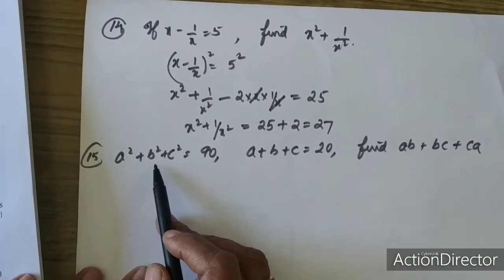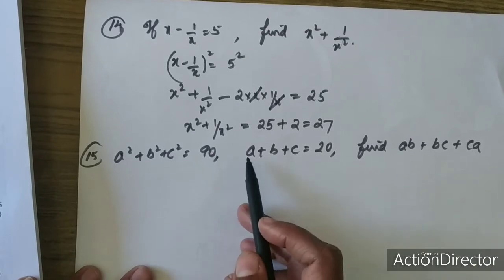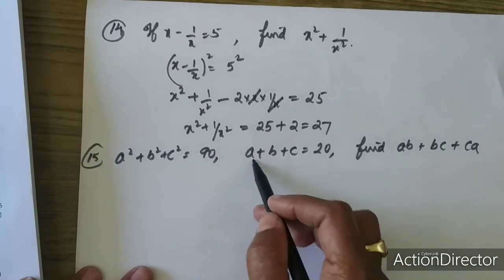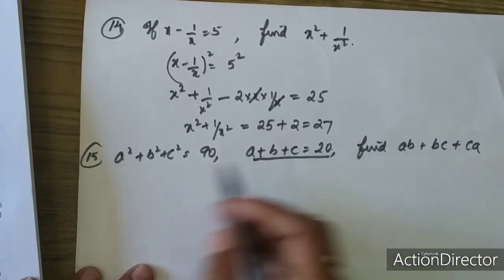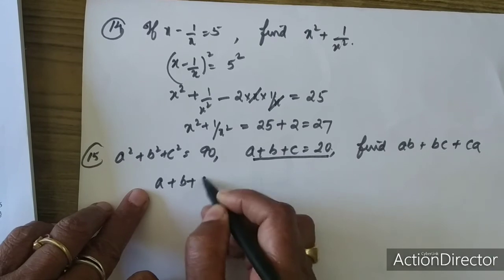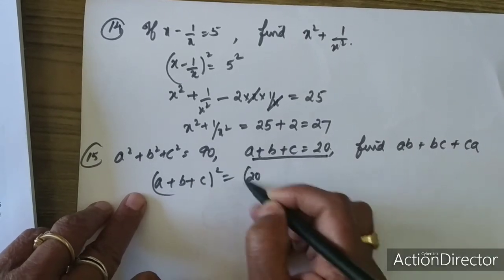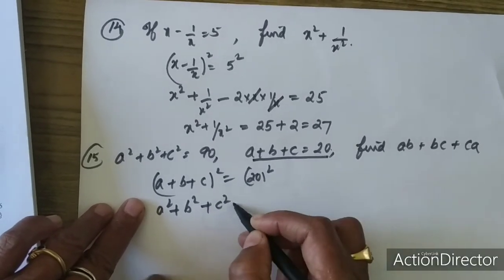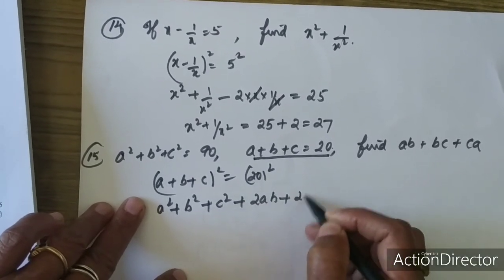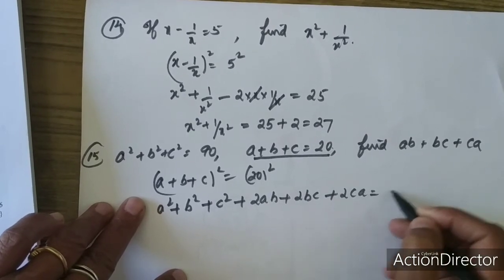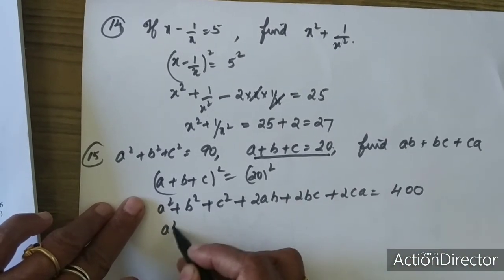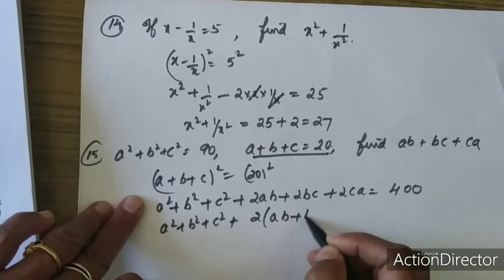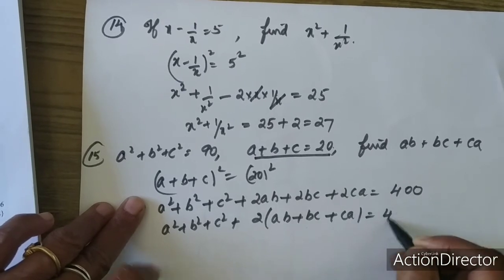Next one, a square plus b square plus c square is 90. a plus b plus c is equal to 20. You have to find ab plus bc plus ca. Here a plus b plus c is equal to 20 is given. So let me square. a plus b plus c whole square is equal to 20 square. Expand this identity: a square plus b square plus c square plus 2ab plus 2bc plus 2ca is equal to 400. So a square plus b square plus c square, let me take 2 as common: 2 into ab plus bc plus ca is equal to 400.